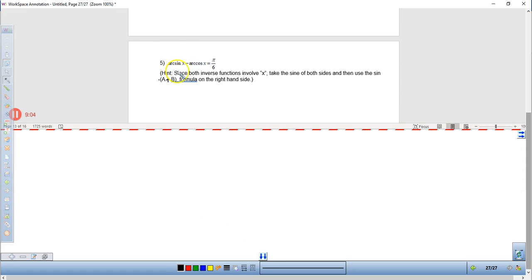I'm going to isolate sine. I'm going to move arc cosine over, which makes it from negative to positive. So I've got arc sine of x is equal to pi over 6 plus arc cosine of x.